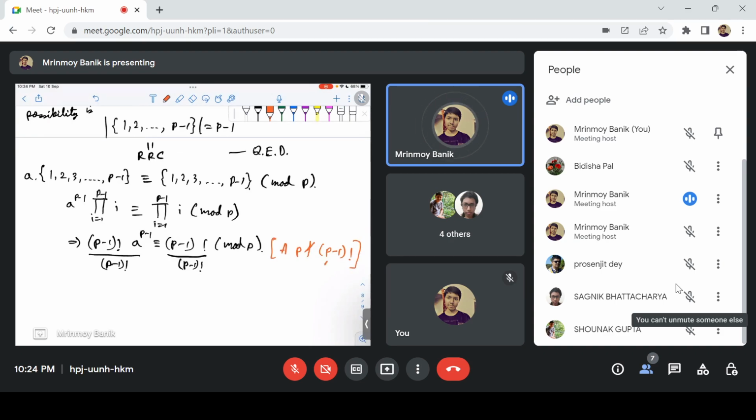Since this has only factors which are less than or equal to P minus 1, and none of them can divide P since P is a prime number. So this shows a power P minus 1 is congruent to 1 mod P. That ends the proof.